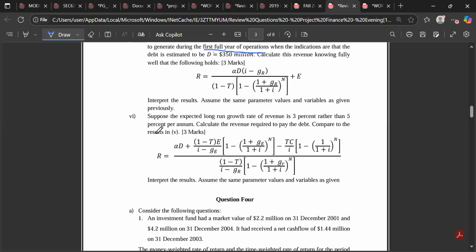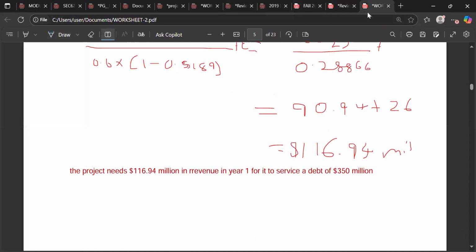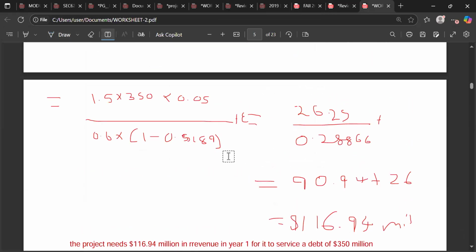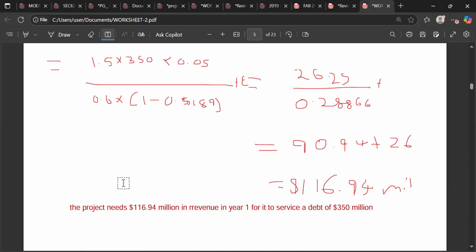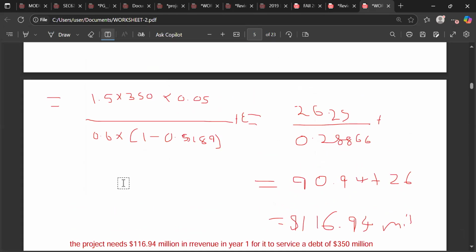Sorry, I'll take you back to the last computation. I didn't get the same answer as you for the 116.94. So I was saying 1.5, the numerator, times 350 times 0.05.